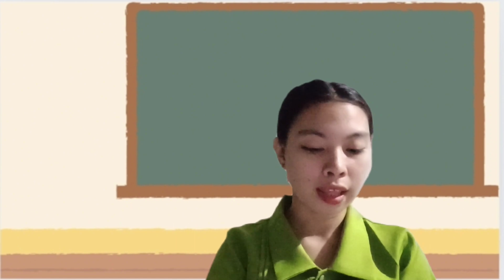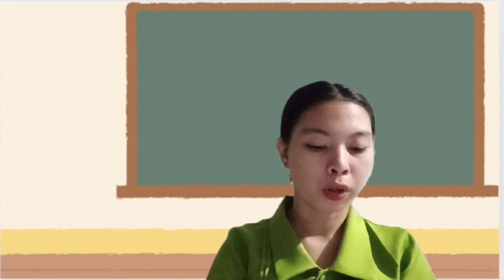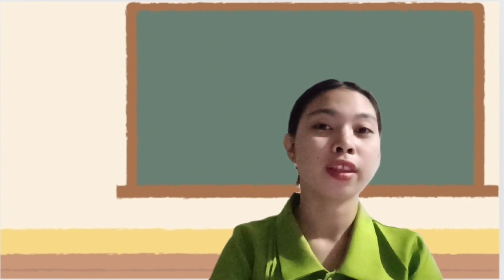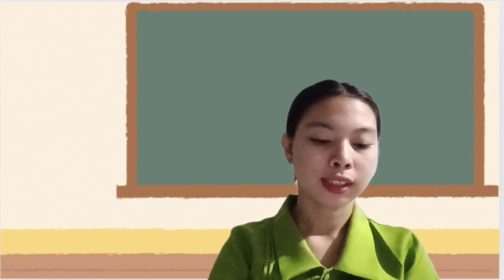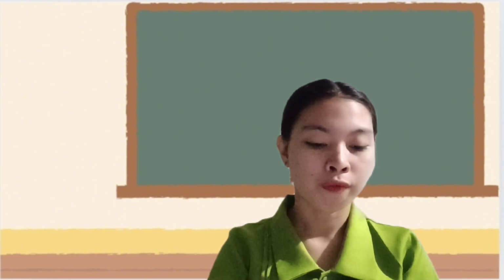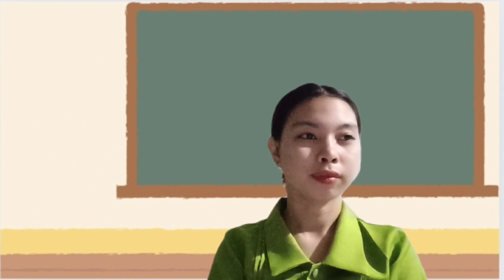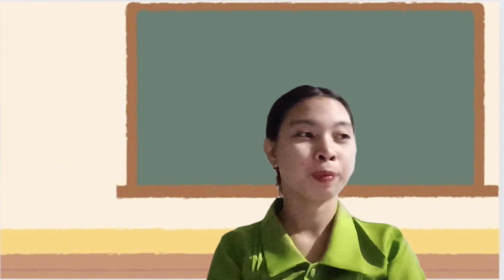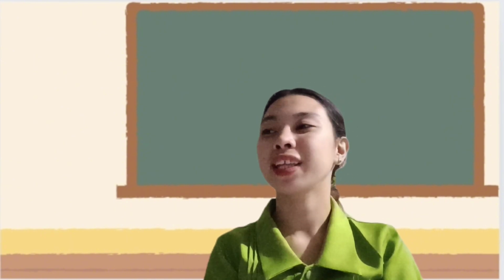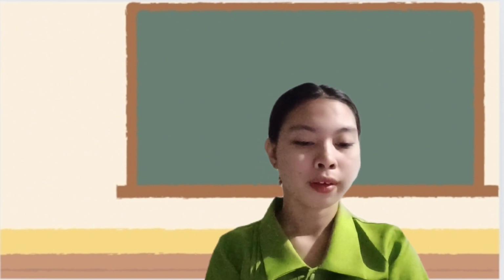So for 6 to 10, give 5 examples of food processing tools and equipment. I repeat, give 5 examples of food processing tools and equipment. So please answer. Okay, let's check your paper. So please exchange your paper to your seatmate. Are you ready? Okay, so for number 1, peeler.